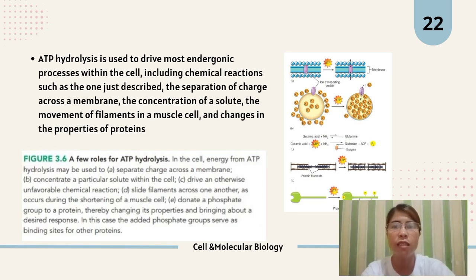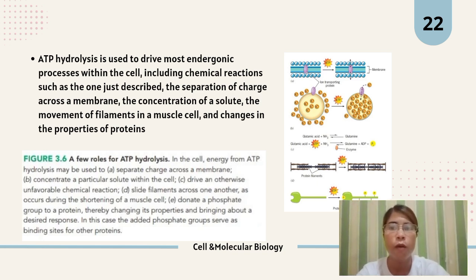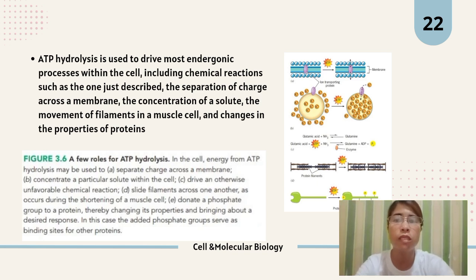Makikita po natin dyan sa picture, the ATP hydrolysis is used to drive most endergonic processes within the cell, including chemical reactions such as the one described, the separation of charge across a membrane, the concentration of a solute, the movement of filaments in a muscle, and change in properties of protein. Ayan po dyan. Sa figure 3.6, makikita nyo po dyan yung few roles for ATP hydrolysis.